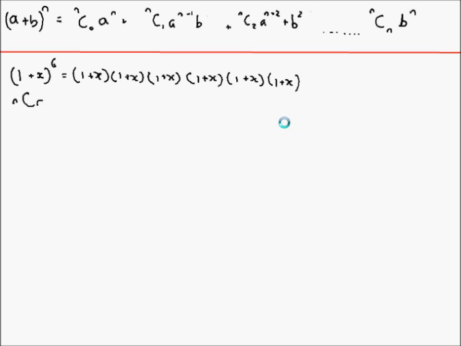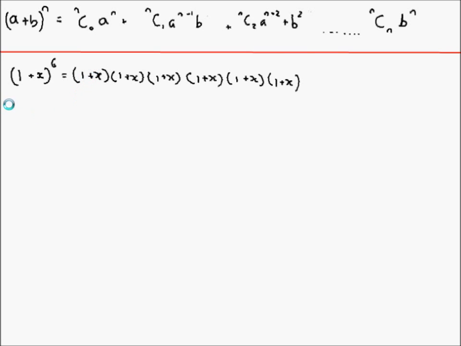You'll see it just above the division sign normally if you have a Casio calculator. nCr relates to Pascal's triangle, that triangle of numbers made famous by Pascal for uses in probability, but it also works in binomial expansion. The nCr function relates to a certain number in a row and column of the triangle, and we can use it to expand brackets.